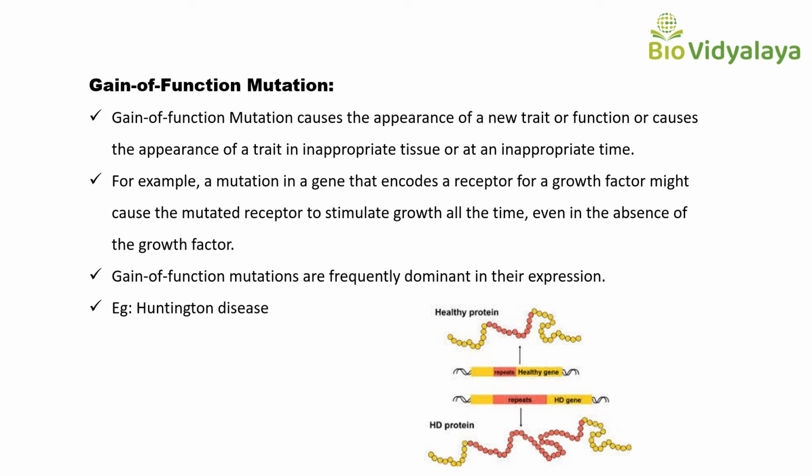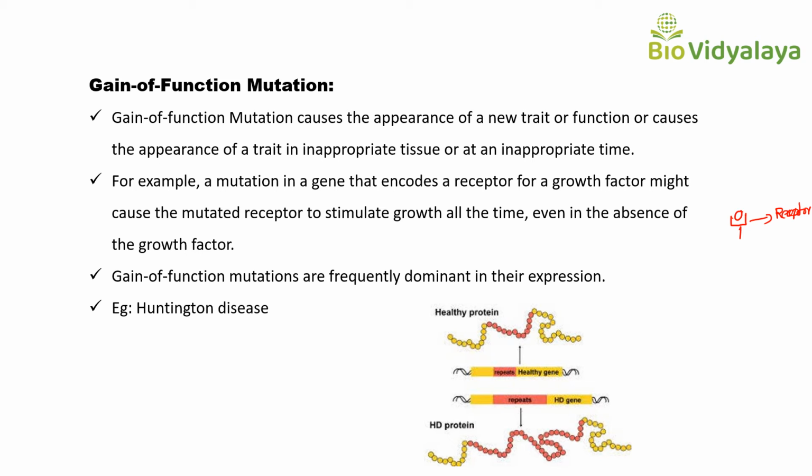We know that the growth factor is required to stimulate growth, cell reproduction, and cell regeneration, etc., when it binds to the growth factor receptor. If this growth factor receptor becomes mutated and becomes active all the time in the absence of growth factor, then what will happen?